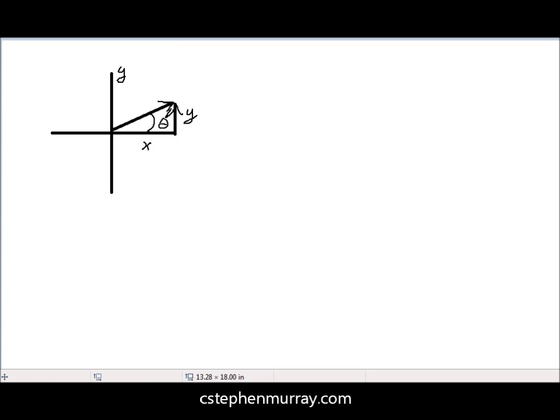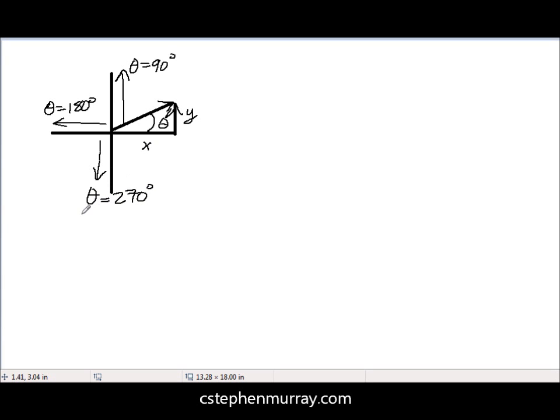Now, as theta increases, you should see that y increases. You should also be able to see when theta equals 90 degrees, theta equals 180 degrees, and theta equals 270 degrees.